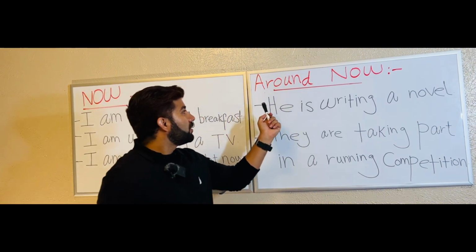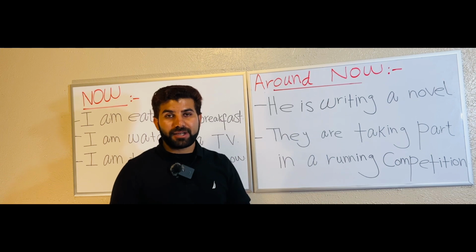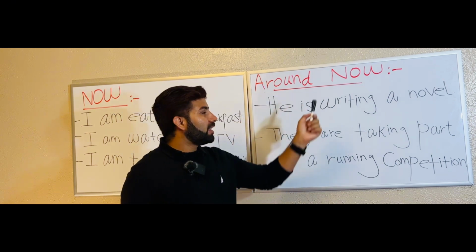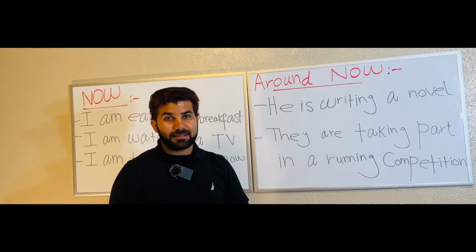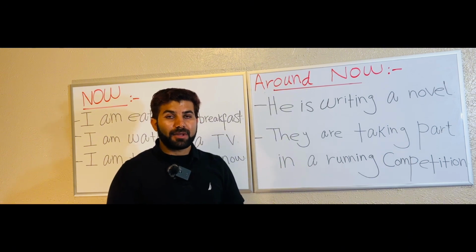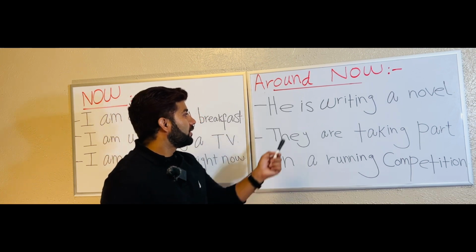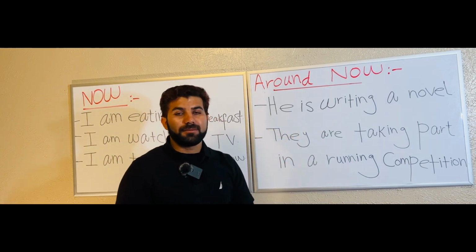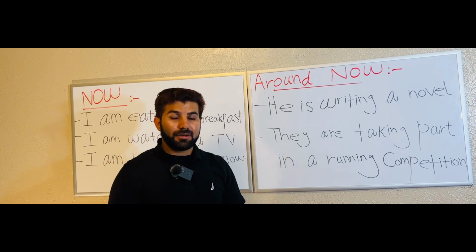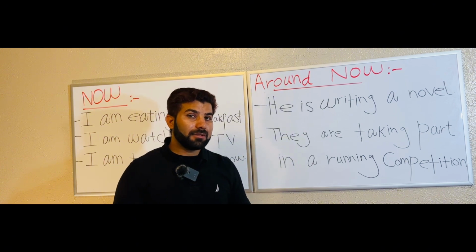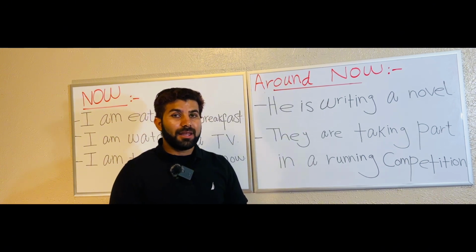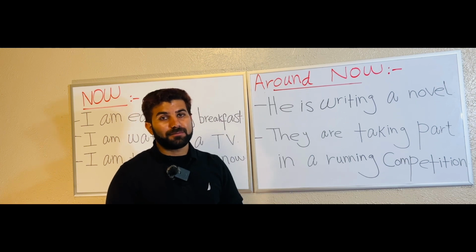We also use present continuous tense or present progressive tense around now. Means an action which is happening in present continuous tense but not completed, and we don't know when it will be complete. For example, he is writing a novel. That person who is writing a novel, we don't know when he will complete that novel, but we know that he is doing that action.